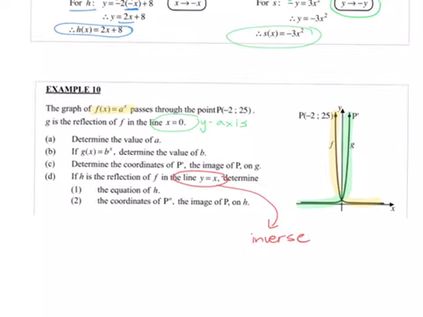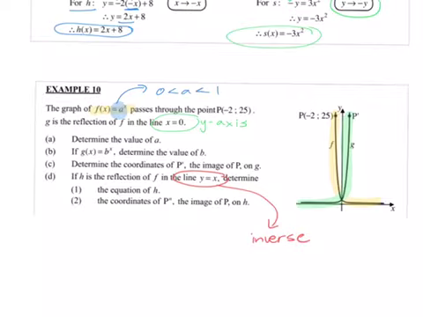Okay, so f of x is a decreasing exponential graph. And if you looked at the previous videos, a decreasing exponential graph means that the base is between 0 and 1. So it's a fraction. So whatever the a value is, it's going to be between 0 and 1 for a decreasing exponential.